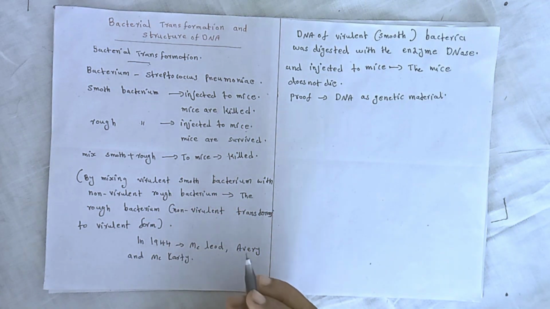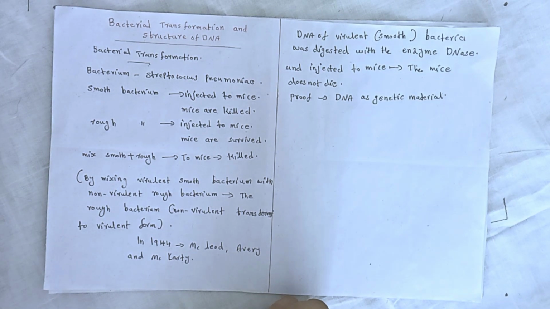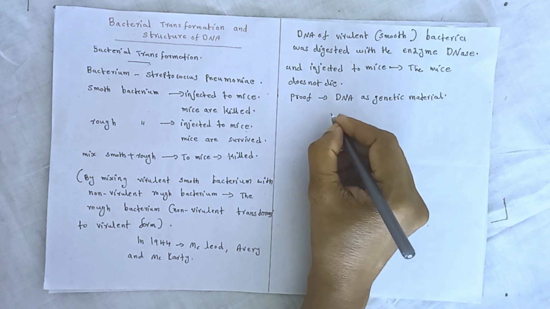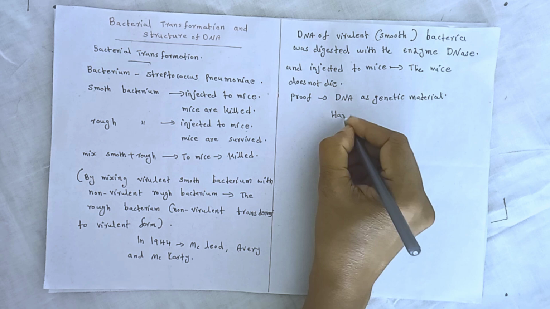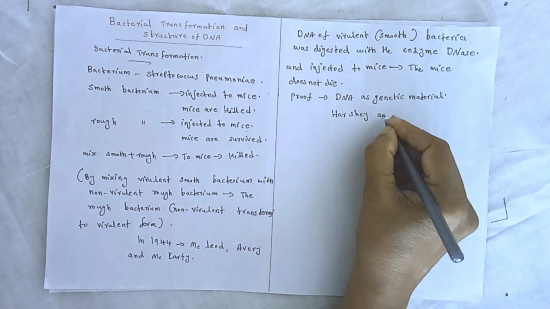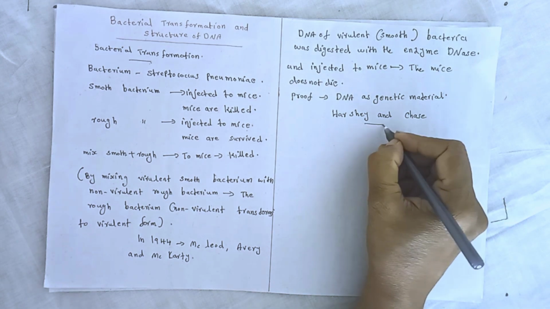Then later, Hershey and Chase, two scientists, used T2 bacteriophage virus for their experiment. These T2 bacteriophage act as a carrier. Next experiment, Hershey and Chase conducted another experiment.